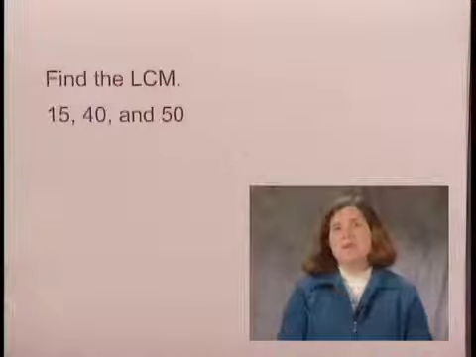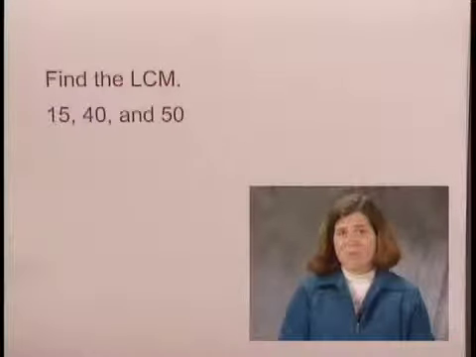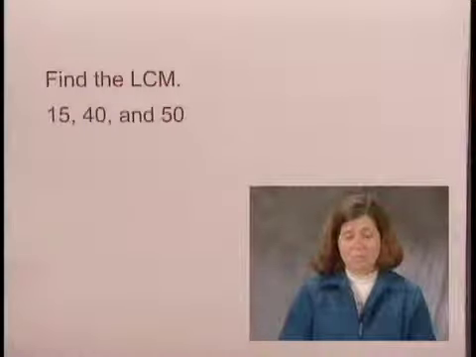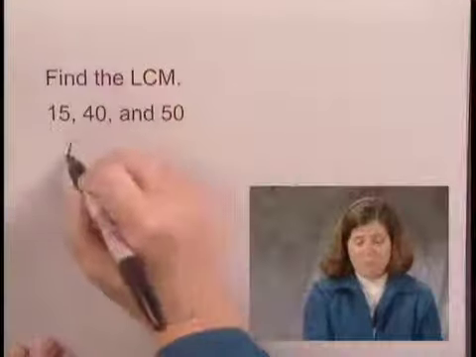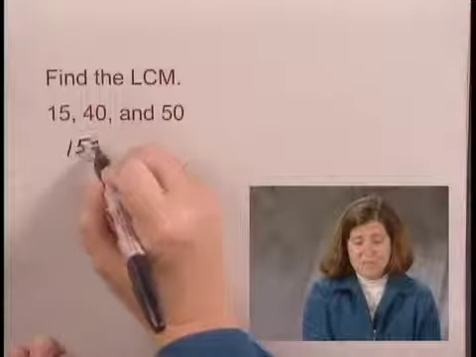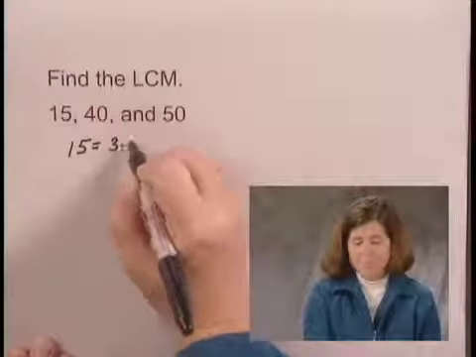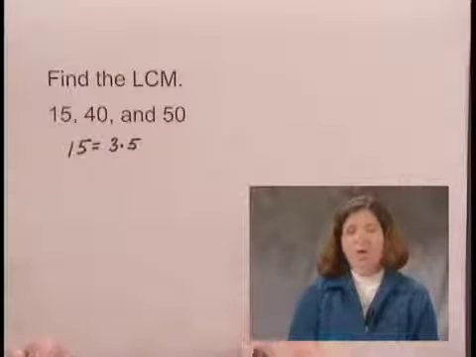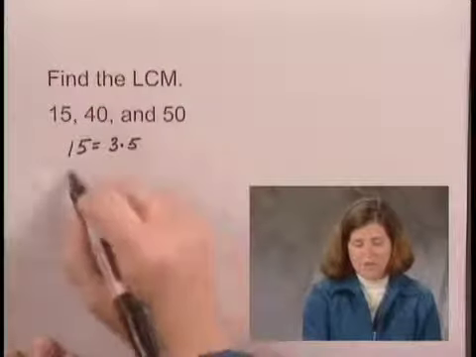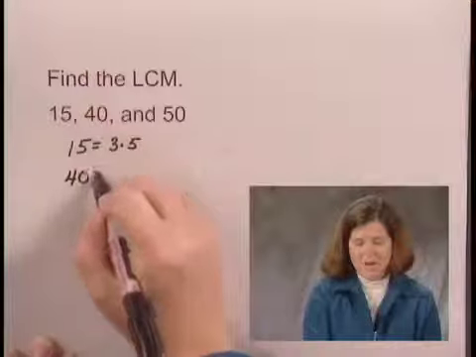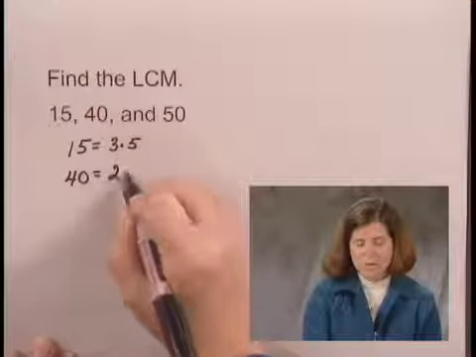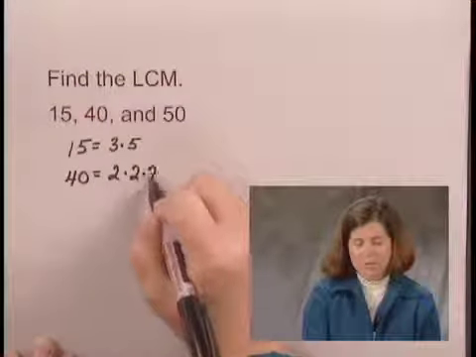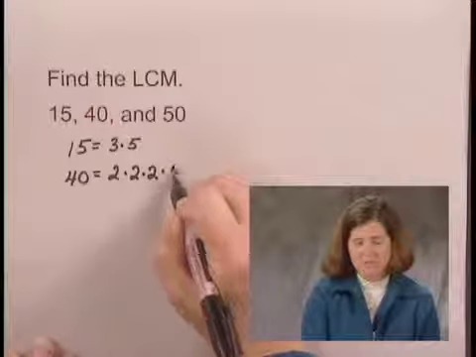We'll use the prime factorizations of each number to find the least common multiple of these three numbers. We find the prime factorization of 15, which is 3 times 5. We find the prime factorization of 40. 40 is 8 times 5, and 8 is 2 times 2 times 2, and then times 5.